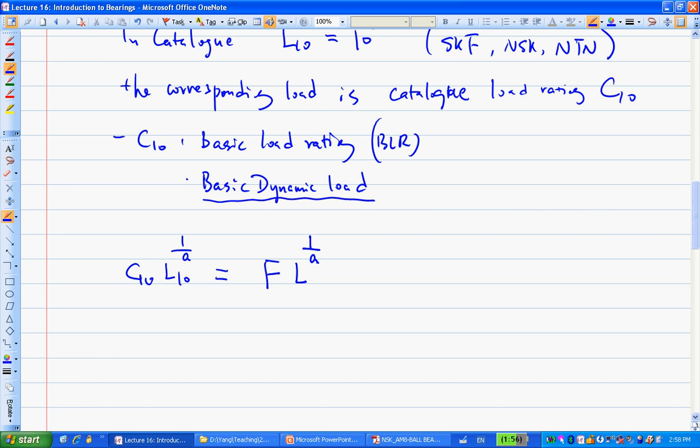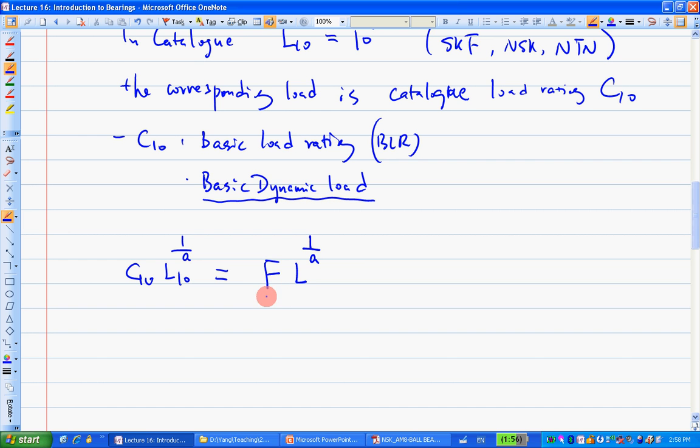Is that correct? So this here is basically the very basic equation for calculation, and in the end to make a decision in terms of selecting a bearing.